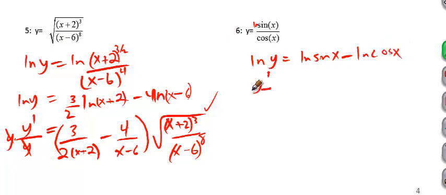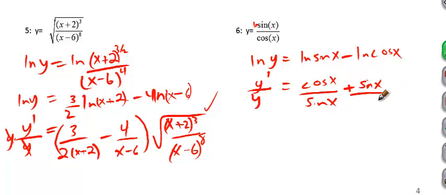So you get y prime over y equals, well, natural log of sine of x, the derivative, is cosine over sine, over the original, derivative over the original, minus derivative of cosine is negative sine over, well, cosine of x. And then what we have to do is we have to multiply through this by y. So all this by sine over cosine.